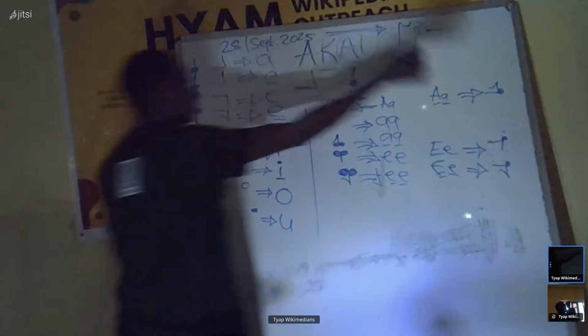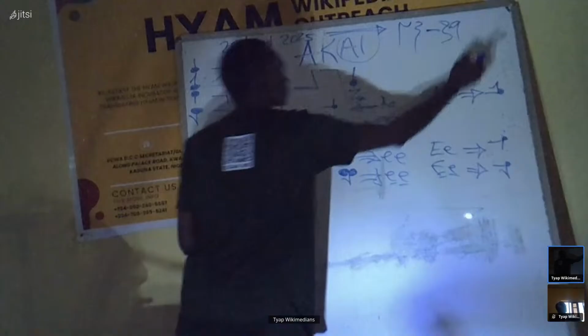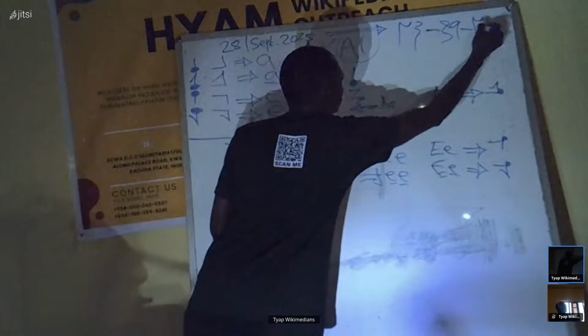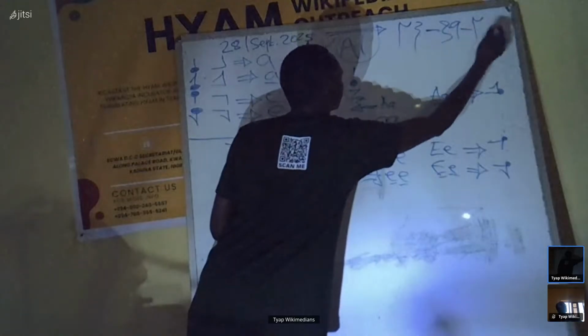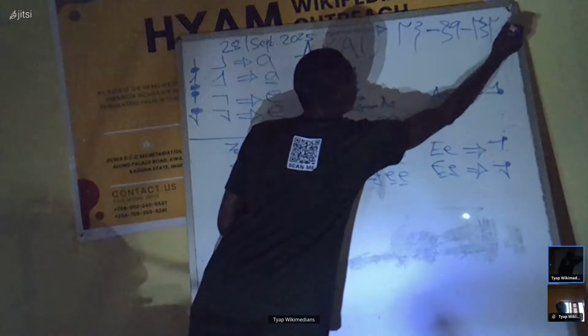We can write in a dash, September is 09, and then 2025.